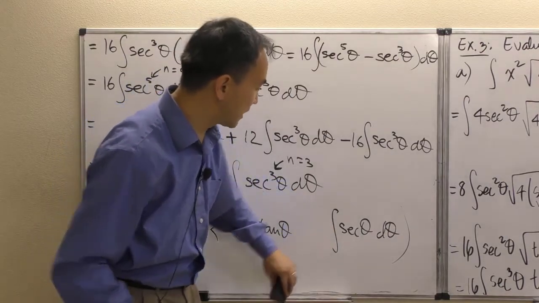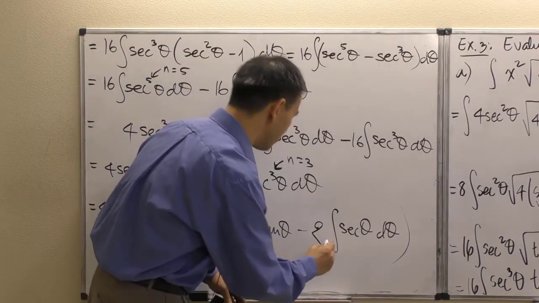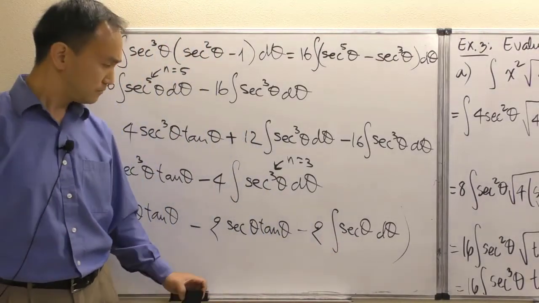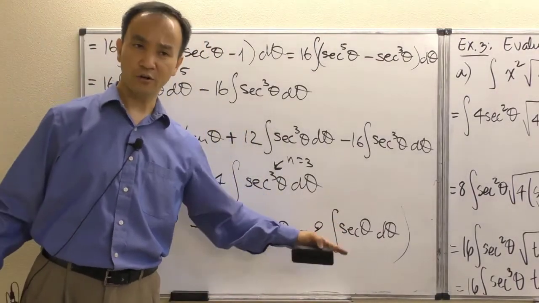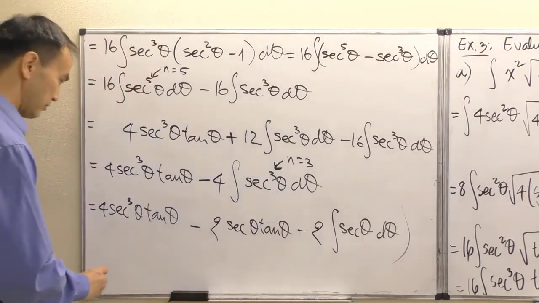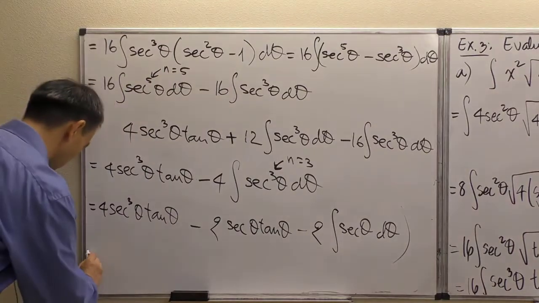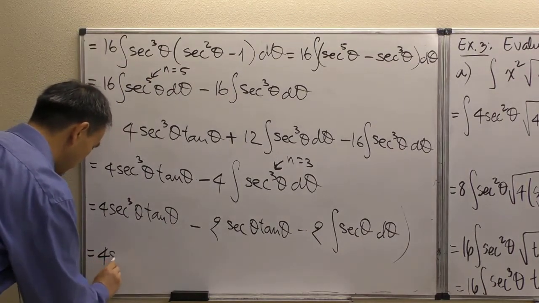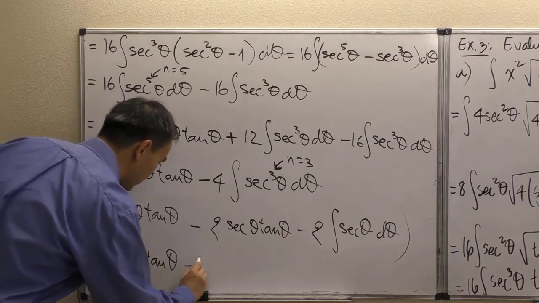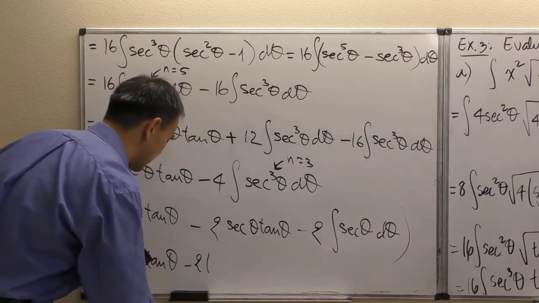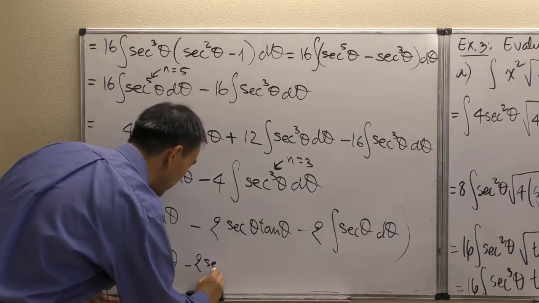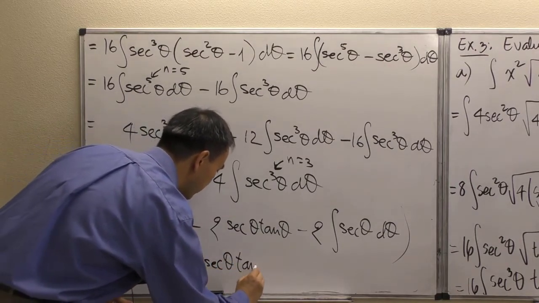So now it's become another minus 2 times that integral of the secant. And oh boy, we have done that integral of the secant a lot of times up to this point. So now I'm going to have one quick line right here: 4 secant cubed theta tangent theta, minus 2 times secant theta tangent theta.